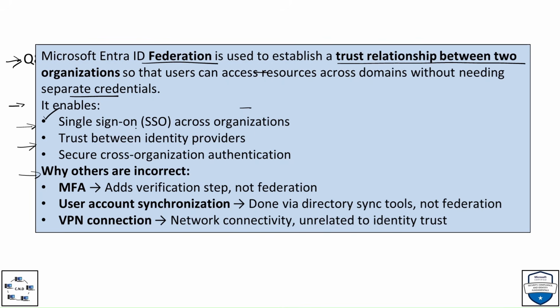It enables single sign-on, or SSO, across organizations, trust between identity providers, and secure cross-organization authentication. And why are the other options incorrect? MFA adds a verification step, not federation. User account synchronization is done via directory synchronization tools, not federation. And a VPN connection is for network connectivity, unrelated to identity trust.